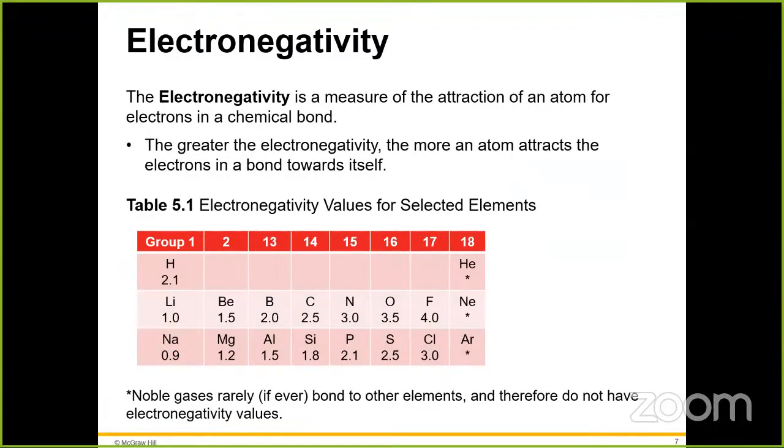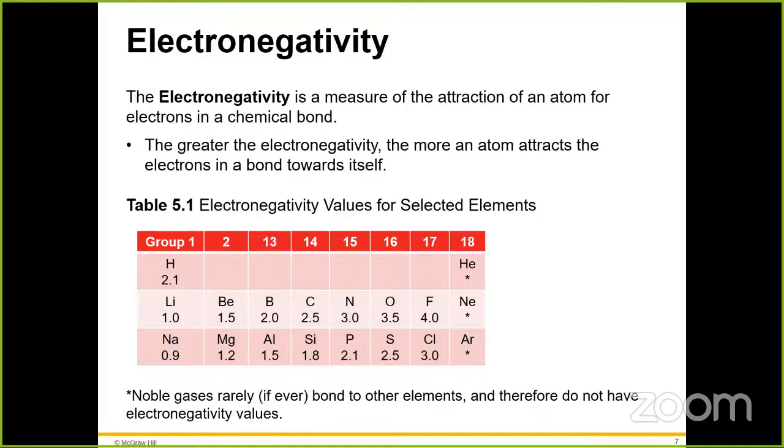Okay, so before we get to the actual structure of water, I need to talk to you about this concept of electronegativity, right? It's basically a measure of the attraction of atoms for electrons that are shared with another atom, right? So the greater the electronegativity, the greater will be the attraction of the atom for the shared electrons.